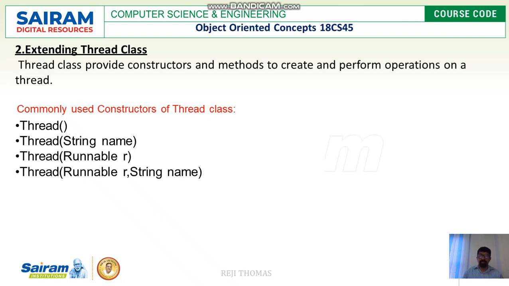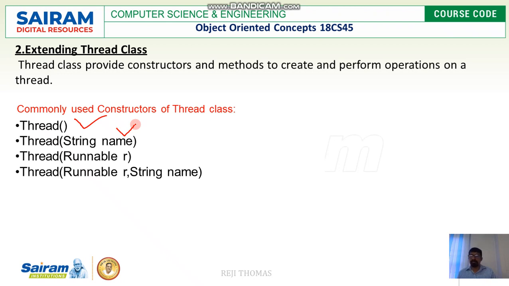Before we see how we can create a thread, let us see what are the important constructors related with the class called Thread. It has got three important constructors. One is Thread, which does not take any parameter. Second one is Thread, which takes a single parameter, and the parameter is of type String.